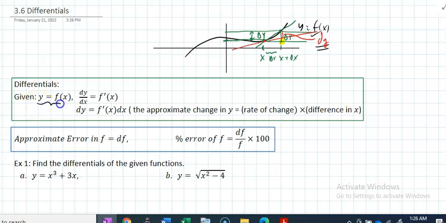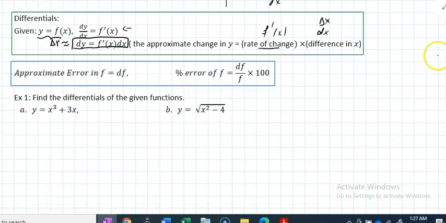Given y equal f of x, we take a derivative, and if we cross multiply, we say the actual change is roughly the approximate. So approximate change in y is the rate of change, which is the derivative, times the actual change. Whether you use dx or delta x, it doesn't matter. So here, whether you call that dx or delta x, it's the same distance. That's not changing, but the y will be different.